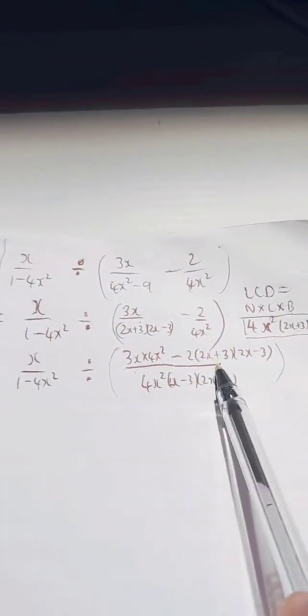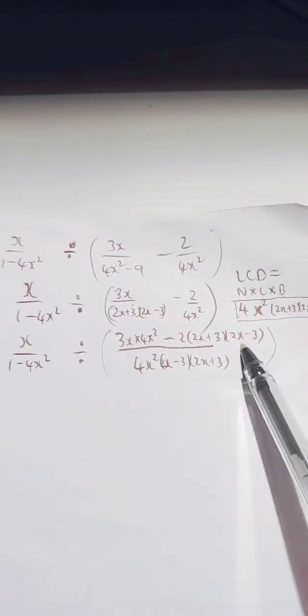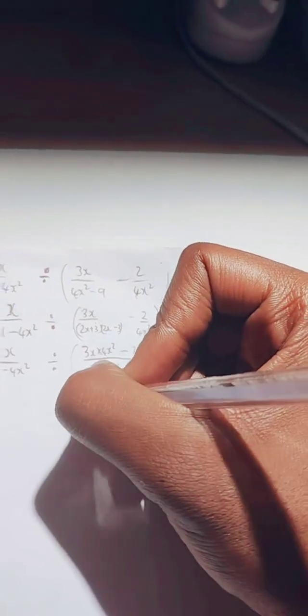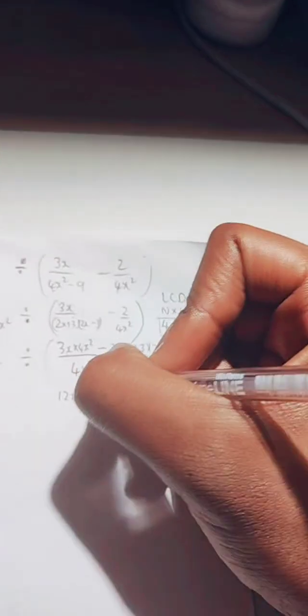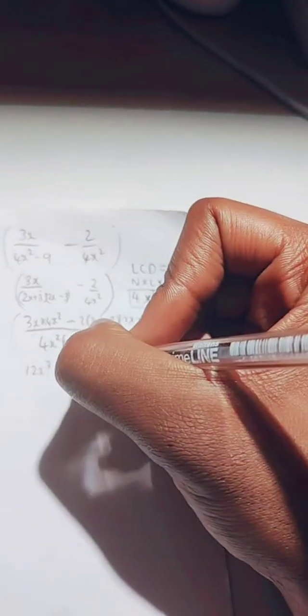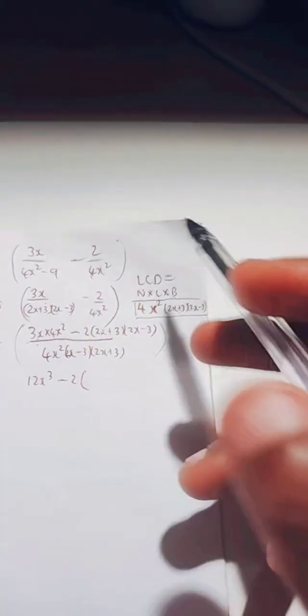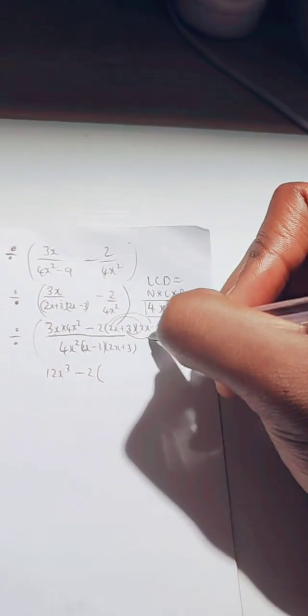So let's continue now, and we multiply out, add and subtract like terms for the numerator. So 3x times 4x squared gives you 12x cubed. Then we'll multiply out this. Negative 2 can chill for now. Let us multiply these two brackets and fold them. This with that, this with that, this with that, this with that.